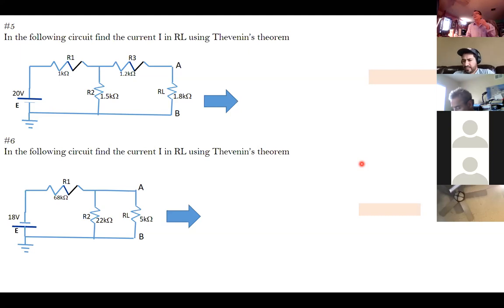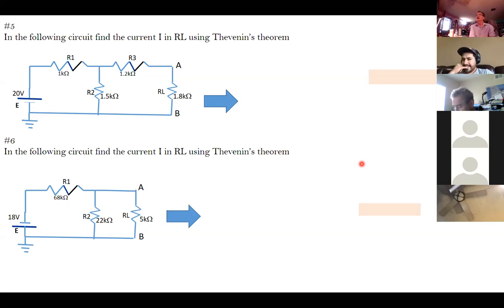What I'm saying is, try to understand what they're trying to do, and you never have to do it by hand. You get a piece of simulation software. You don't have to do anything. You run the simulation, and it tells you the voltage and the current you need.